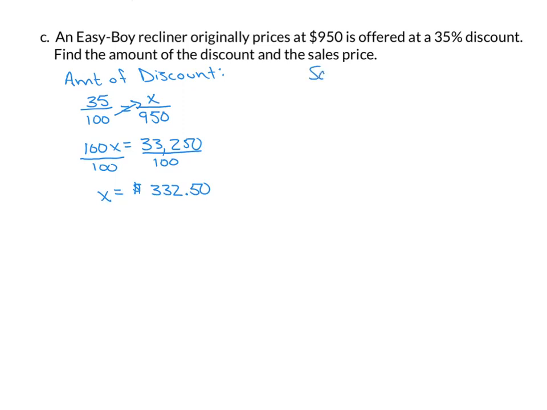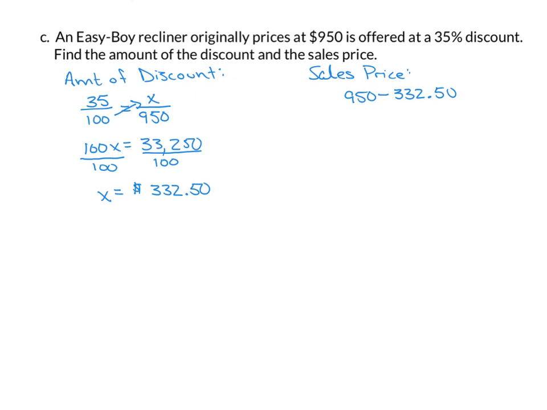Okay, so now let's find the sales price. This is where it's going to be a little different than our tax and our tip. We want to save money, which means that we are going to subtract our amount of the discount from the original price.